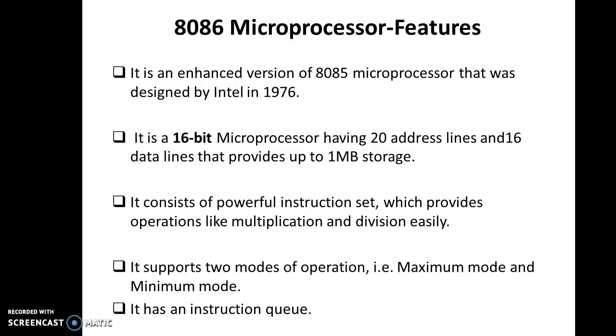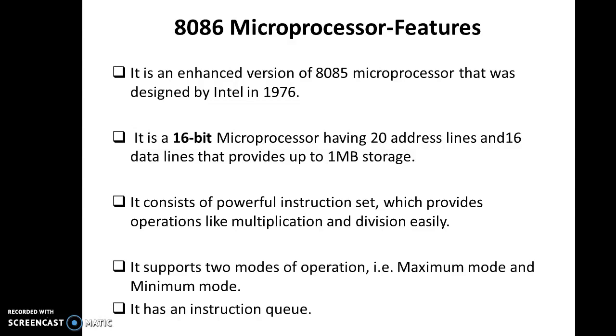It consists of powerful instruction set which provides operations like multiplication and division which are not available in 8085 microprocessor. It supports 2 modes of operation, that is maximum mode and minimum mode. Maximum mode is suitable for system having multiple processors and minimum mode is suitable for systems having a single processor.